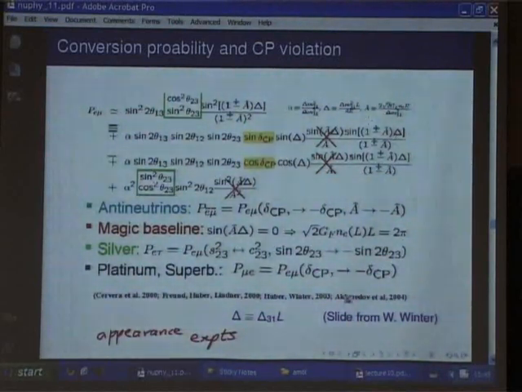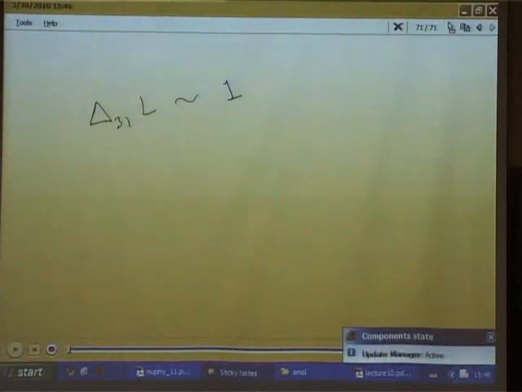If your delta m²31 times L is very small, then all terms are going to be very small, since everything depends on sine square of L. So what we want is that delta m²31 times L should be of the order of 1, not very small.